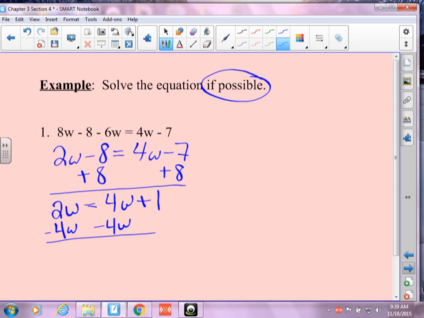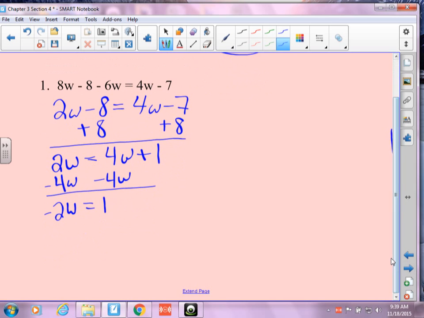So what do I get? Excellent. Equals. Okay, now what? Divide by. W equals what? Yes. Negative 1/2. Okay? And students, I've had students do that. They'll put negative 2. It's not negative 2 because the 2 is in the denominator.